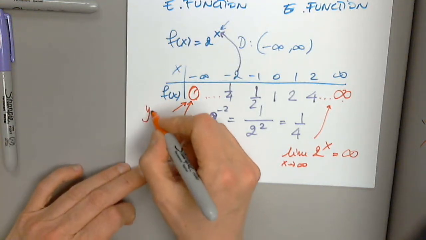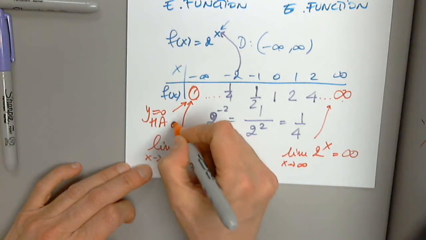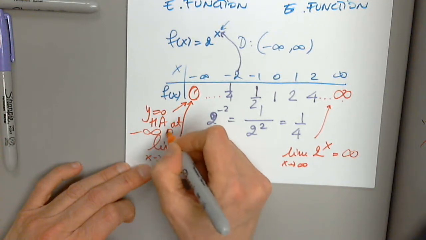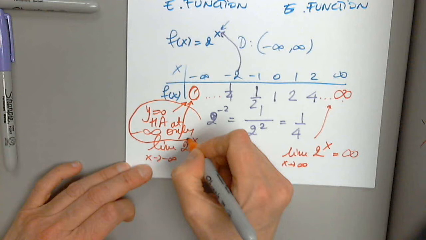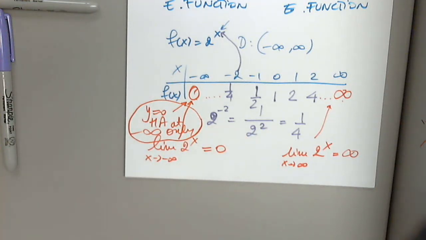Exactly. Y equals 0, horizontal asymptote at negative infinity only. Is it at positive infinity too? No. Good.